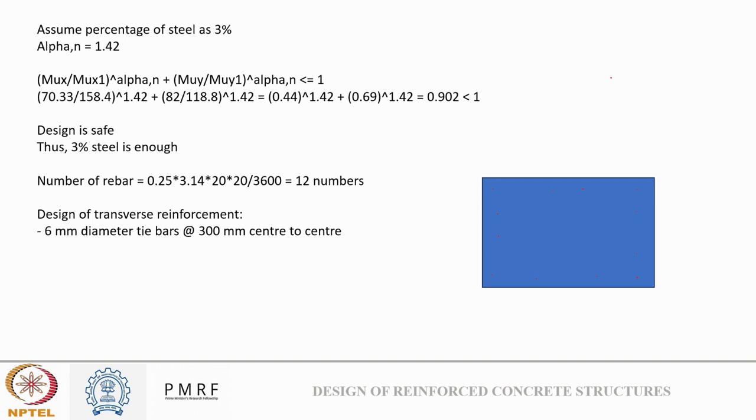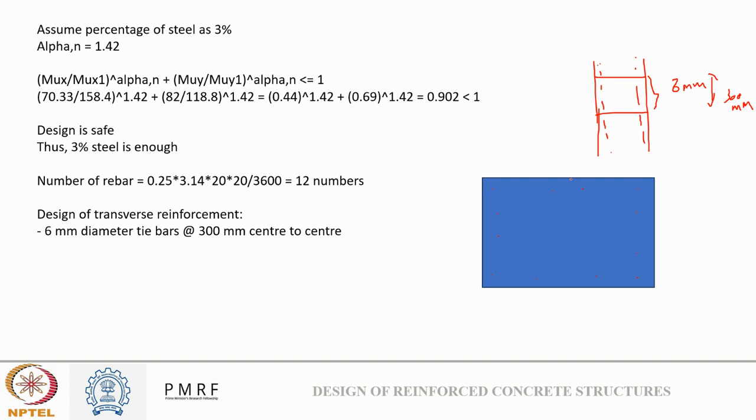Okay, so this will be my top view and side view, something like this. So this will be my tie bars. These are my longitudinal bars which are running, and this will be my tie bars. So these tie bars are 6 mm in diameter, and the spacing is 300 mm.